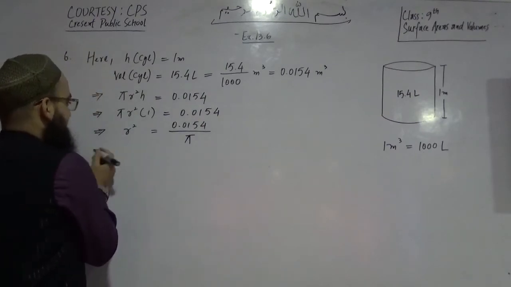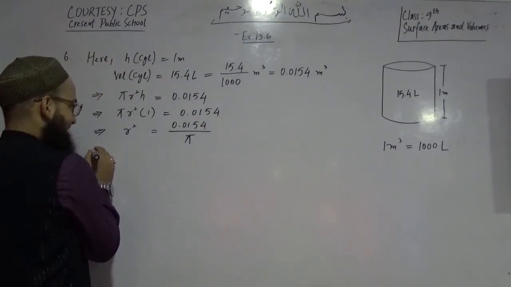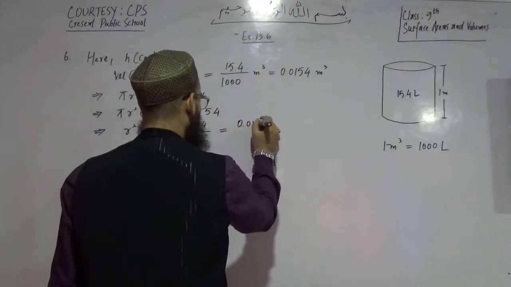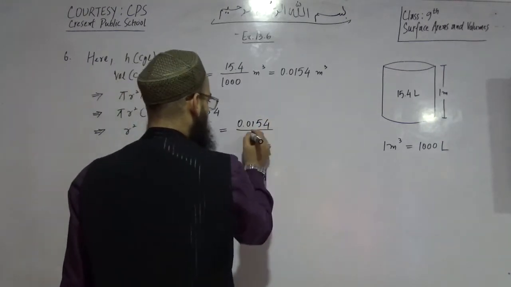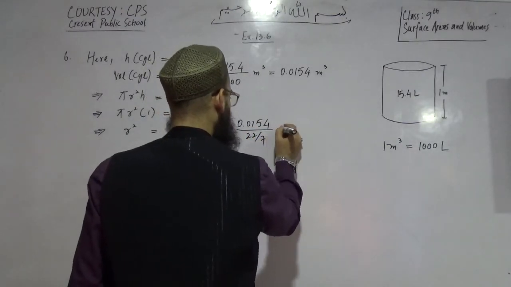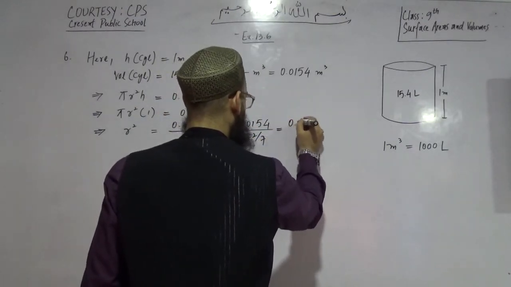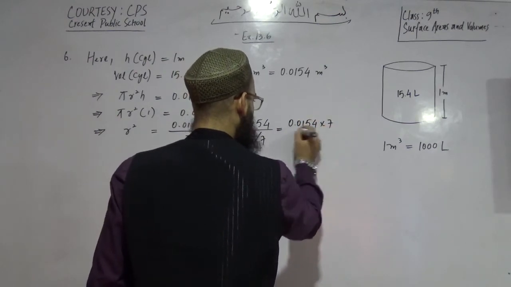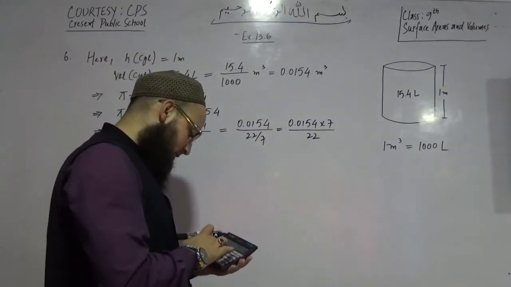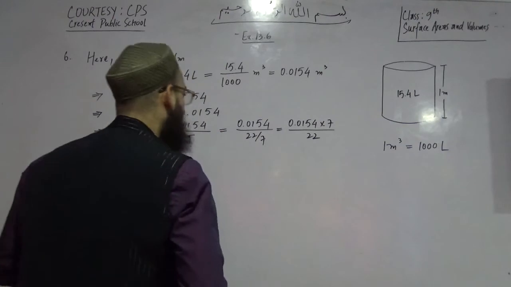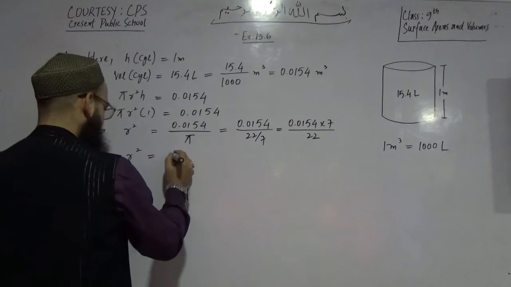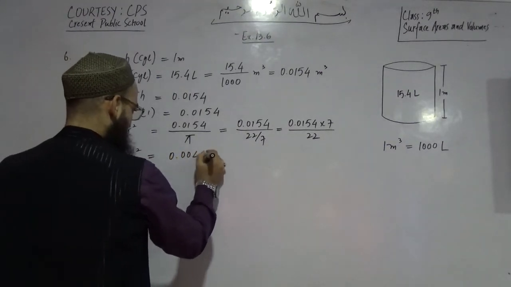So that is 0.0154 divided by, is it 3.14? No, 22 by 7. And that is 0.0154 times 7 divided by 22, which implies that r square is equal to 0.0049.